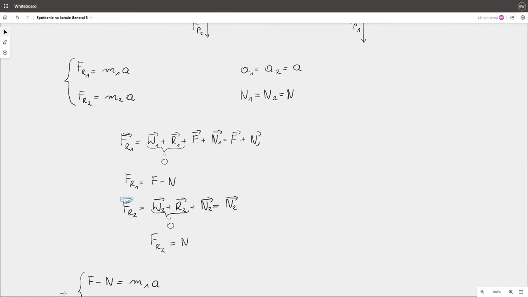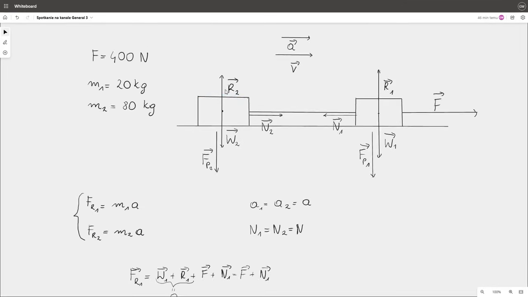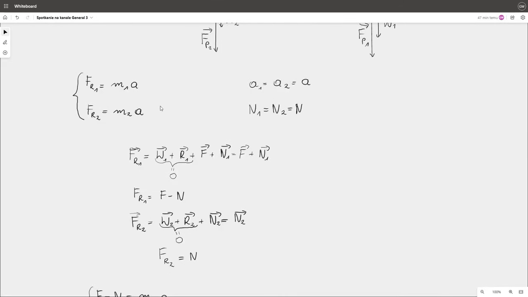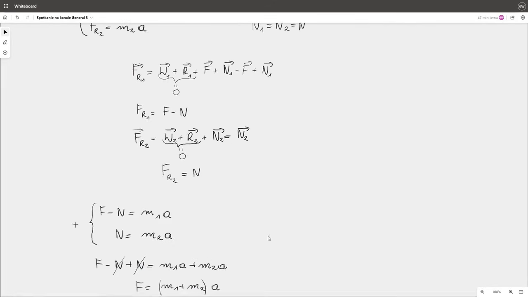And magnitude of resultant force Fr2 equals N. So, to these equations, instead of Fr1, we put F minus N here, and instead of Fr2, we put N. It's done here.